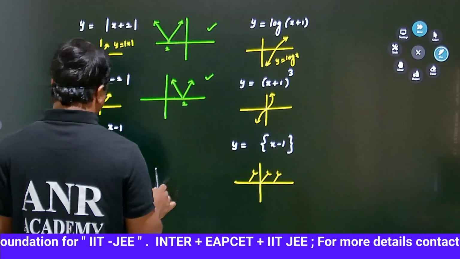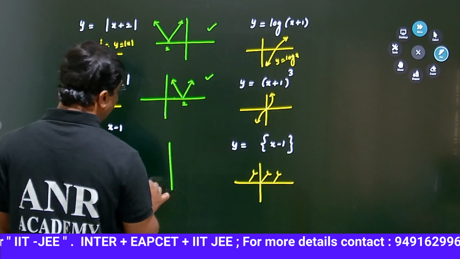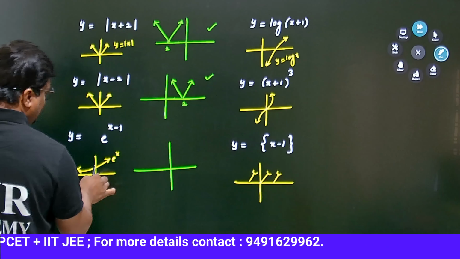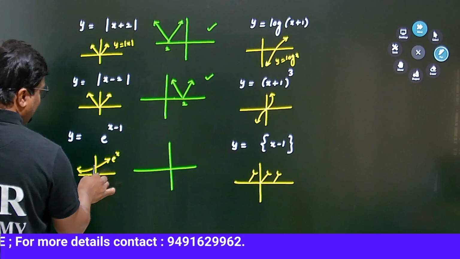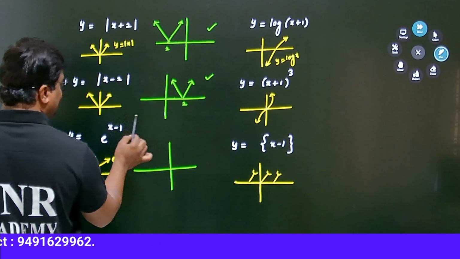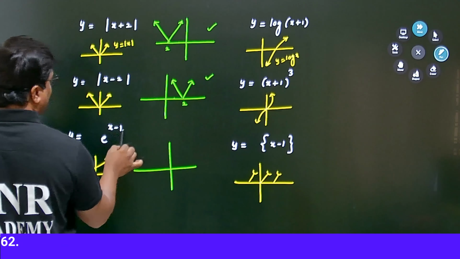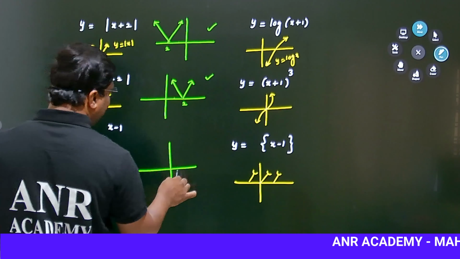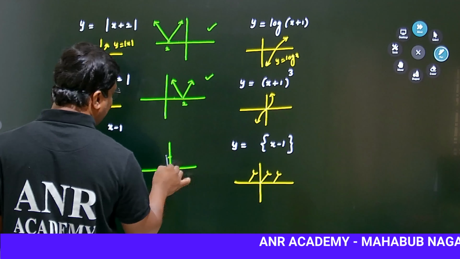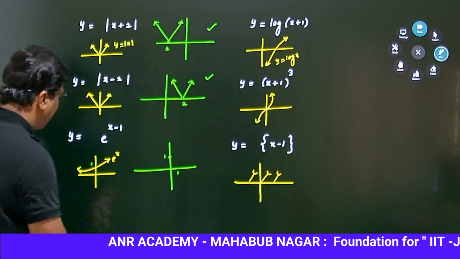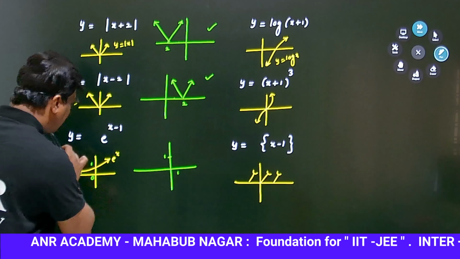Next, e power x minus 1. Here the graph has height 1 unit at x equal to 0.